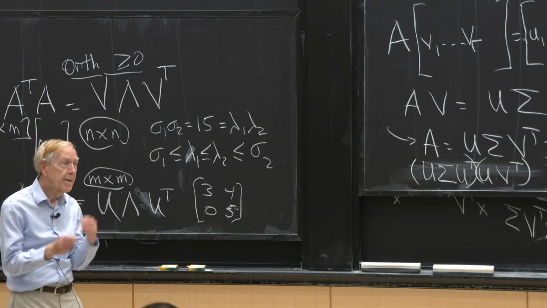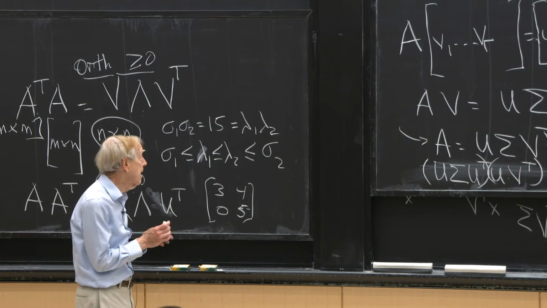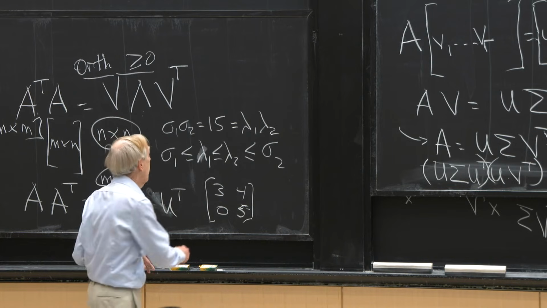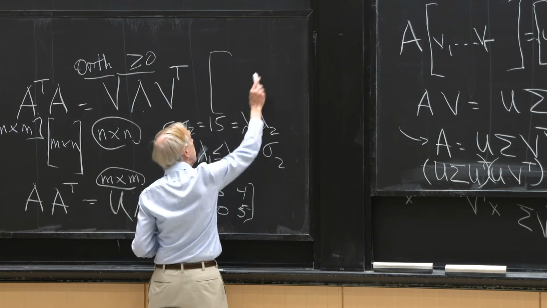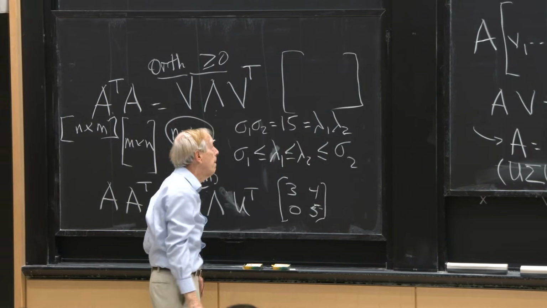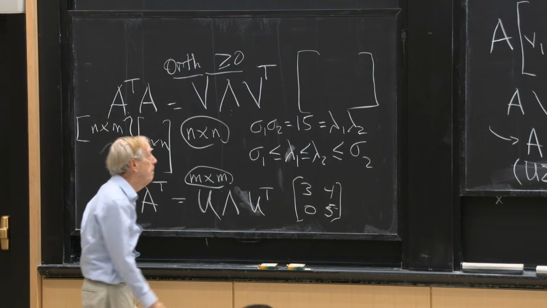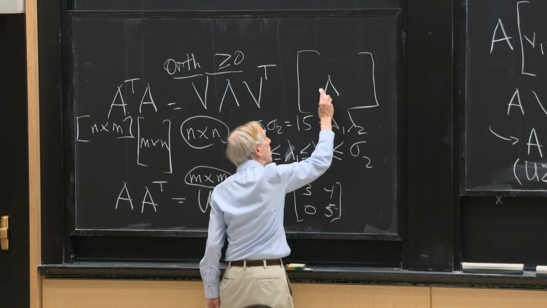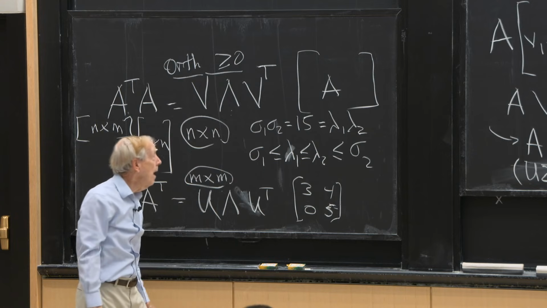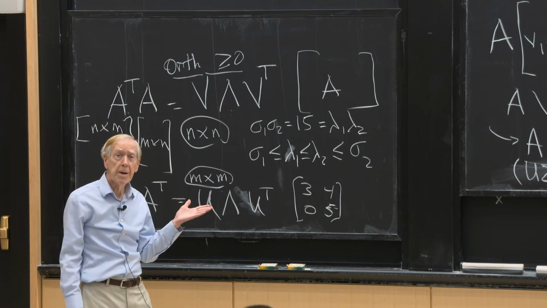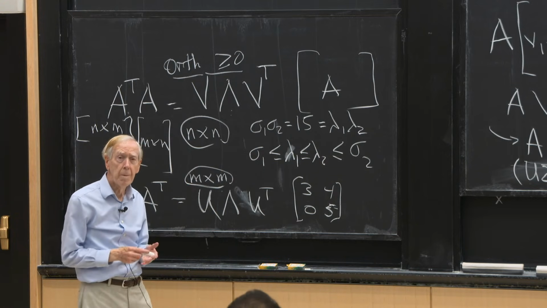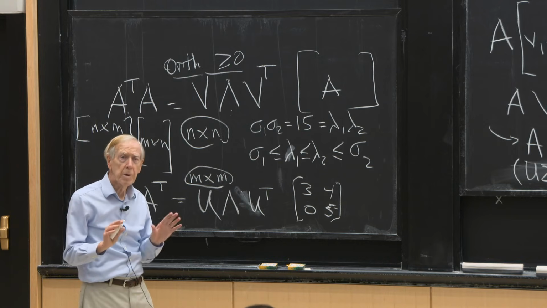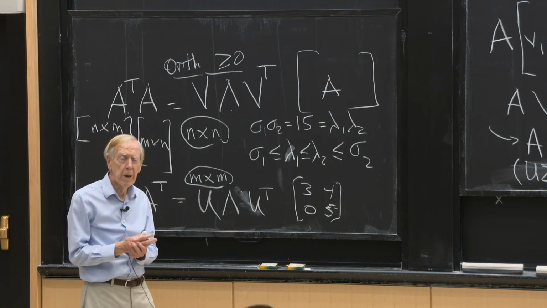And I'll just tell you the key fact. If I have a big matrix of data, A, and I want to pull out of that matrix the important part, that's what data science has to be doing.